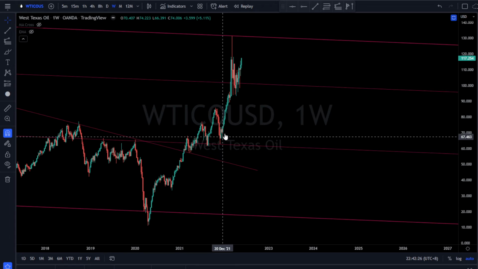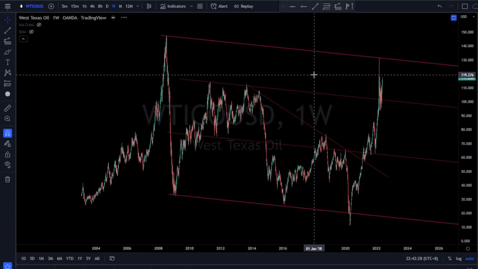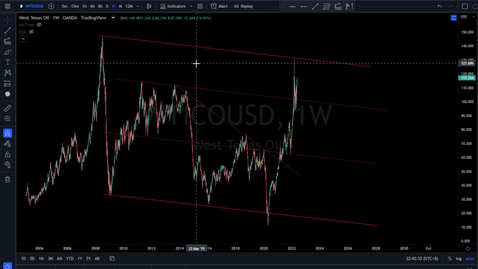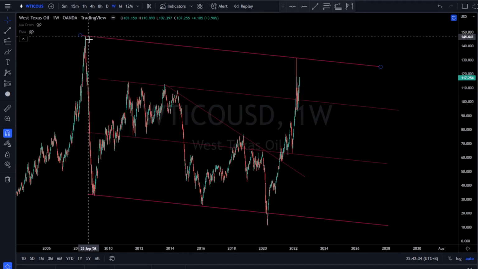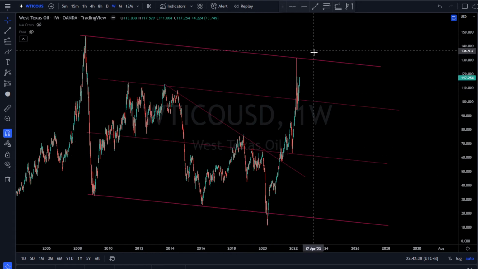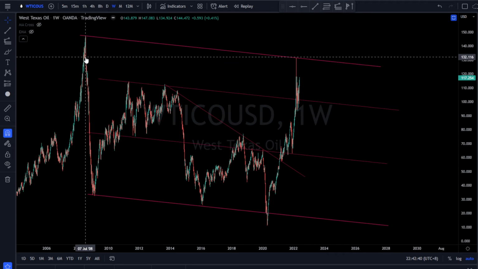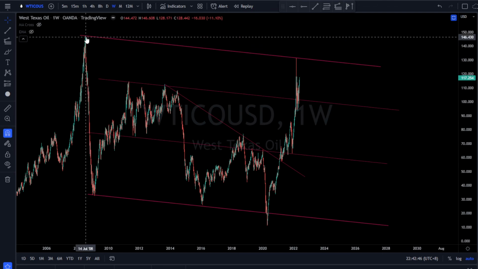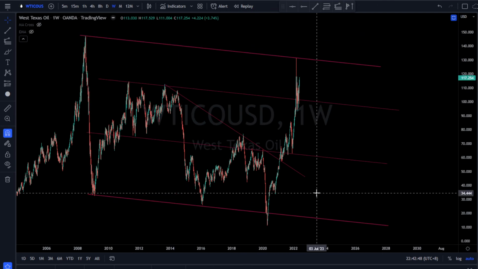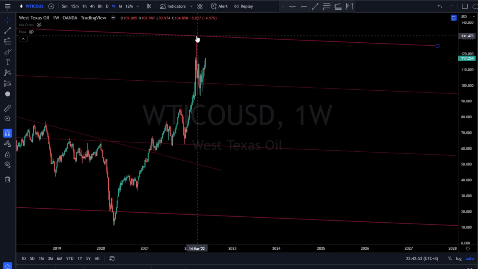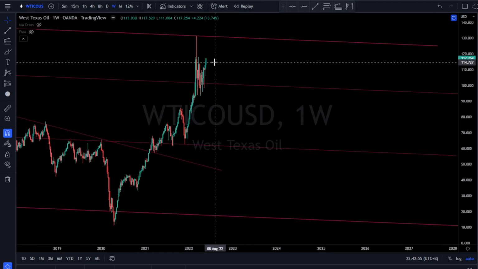So now looking at oil, WTI specifically, not a lot of people are talking about this, but there is a huge channel over here that we've been trading since 2008. So before the Lehman financial crisis, this was the high, and we have formed this huge channel here, and we have very nicely tapped the top of that channel and retraced down.